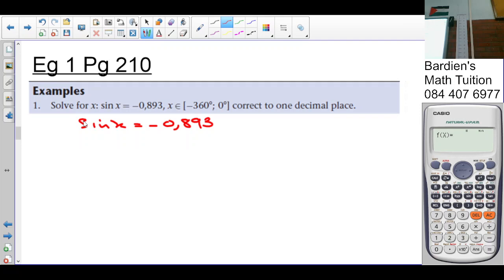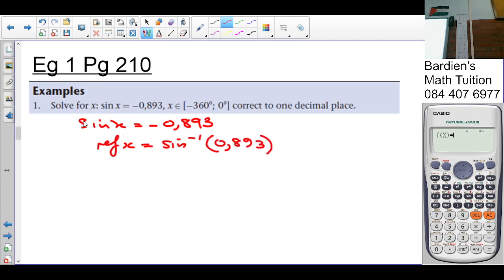You must get a trig ratio on its own. Is the trigonometric ratio on its own? Yes. Now what? Now we can solve for the angle, the reference angle. So we say reference x equals shift sine of 0,893.